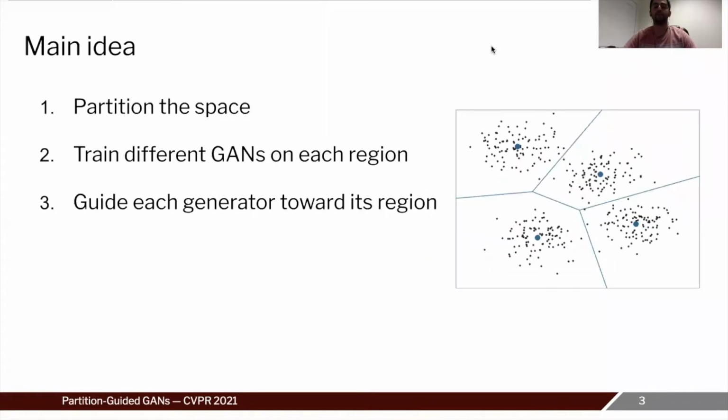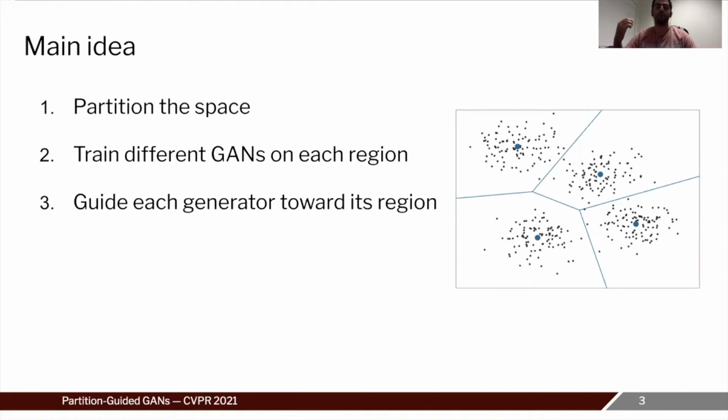In this slide, we present our main idea of how we solve the aforementioned problems. Learning a single generator to estimate a very multimodal density can actually be a very challenging task. So what we do instead is we use several generators, where each generator is only designed to generate samples for a specific part of the space.